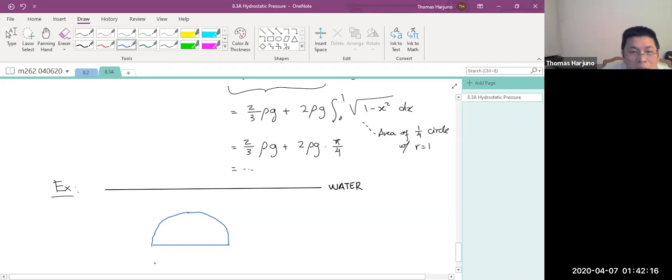This time, let me change the diameter a little bit. This is 4 meters. And I submerge that 10 meters deep.